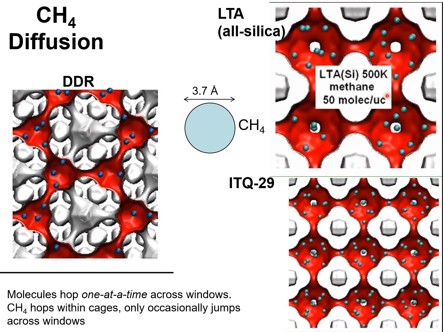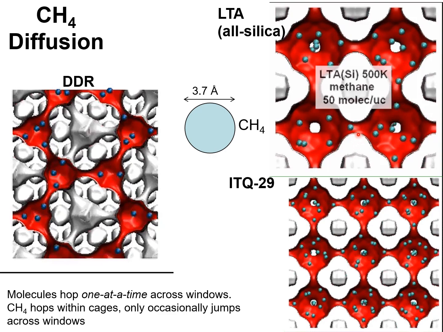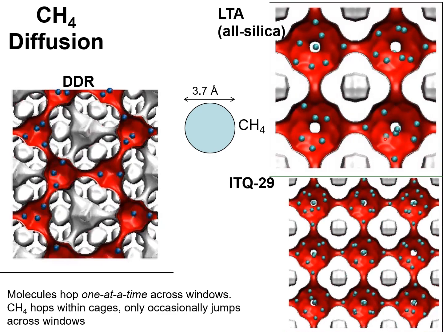This is for LTA. You can also observe the intercage hopping of methane. Here, here it has crossed the cage.